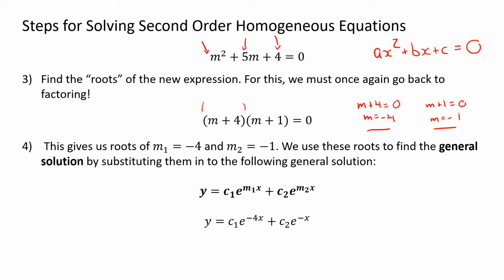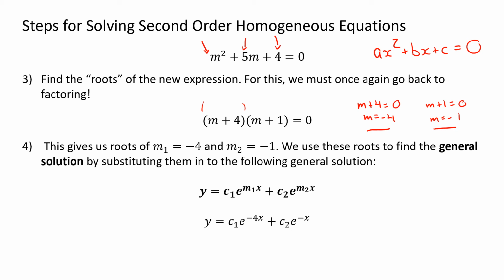And what we do with that is, you saw that we replaced the differentiation terms with just m. But what we do is we take these roots and we plug them into general solutions. These are solutions that have been developed specifically for these types of differential equations.